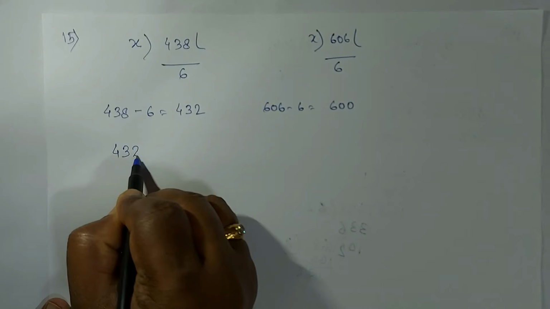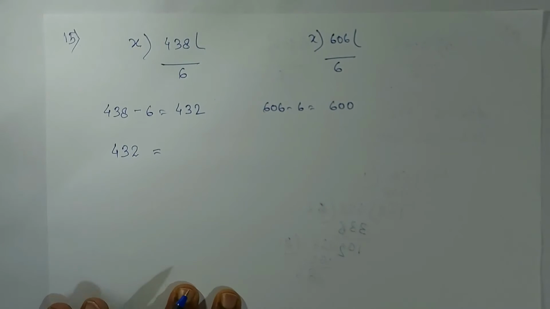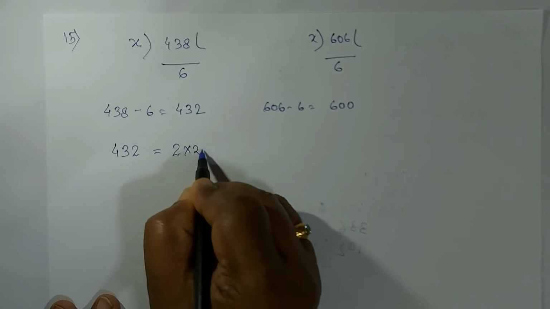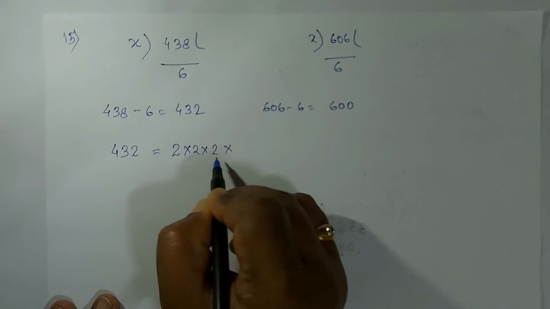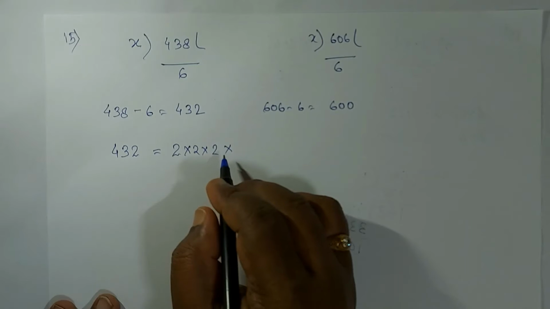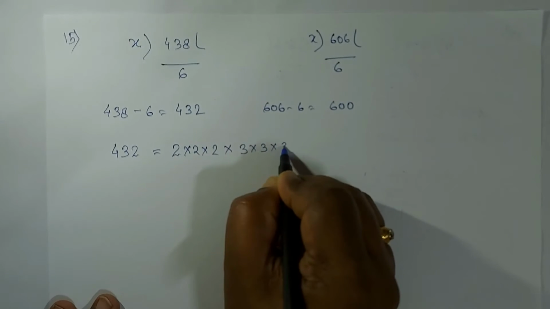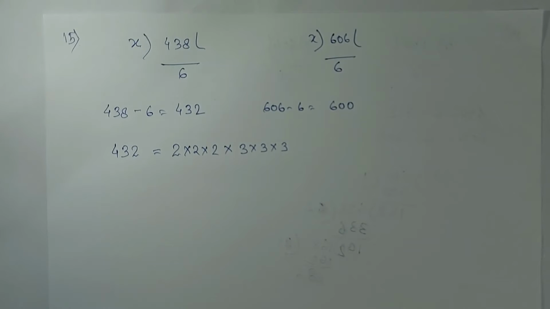So 432, I am doing the prime factorization, expressing it as the product of its prime factors.